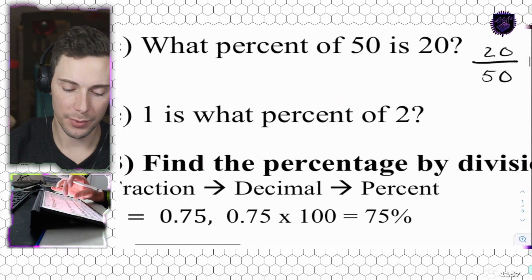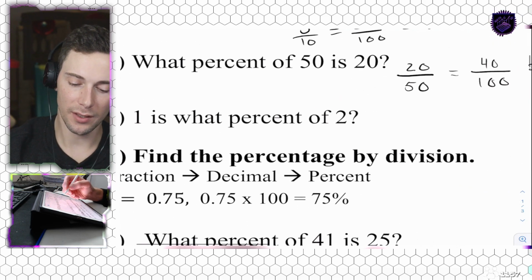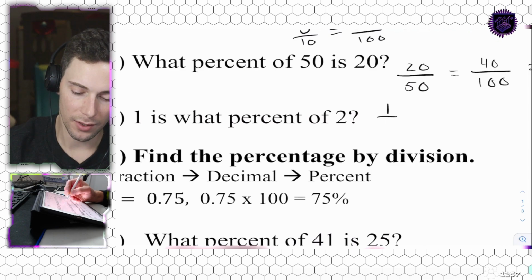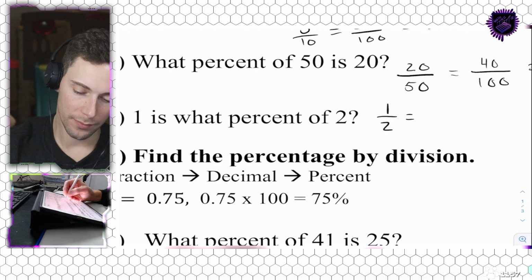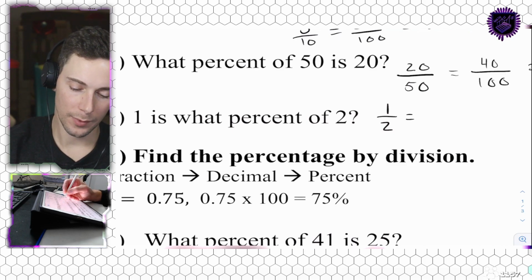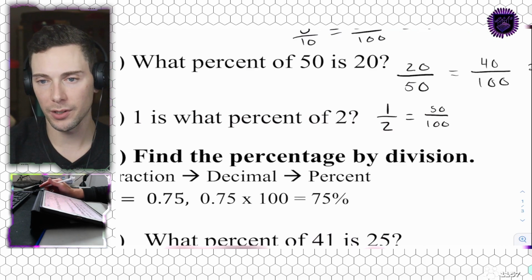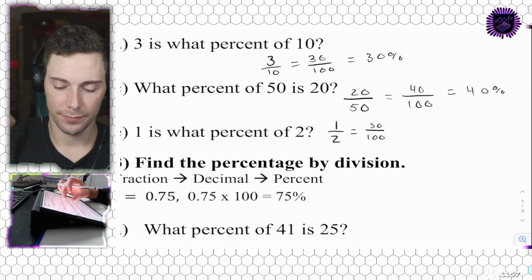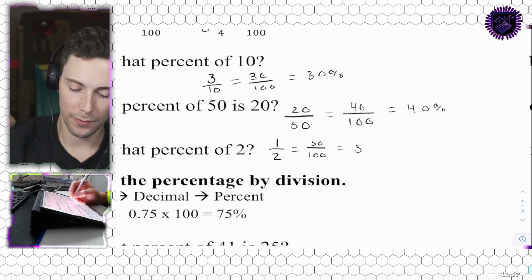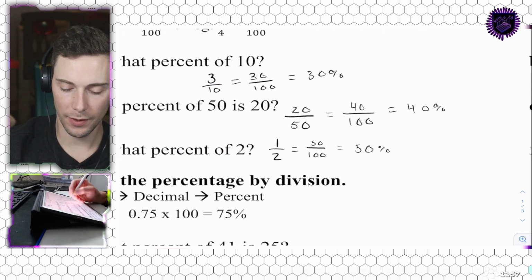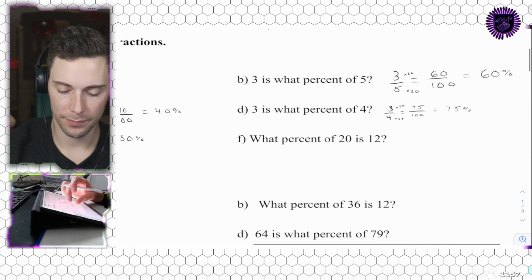1 is what percent of 2? There's the is and the of. 1 is the is, 2 is the of. We're going to change this into something over 100, and it's going to be 50 over 100, and this is going to equal 50%.